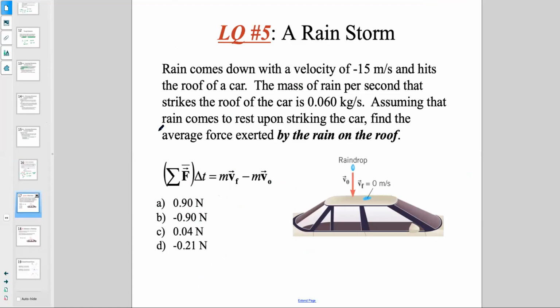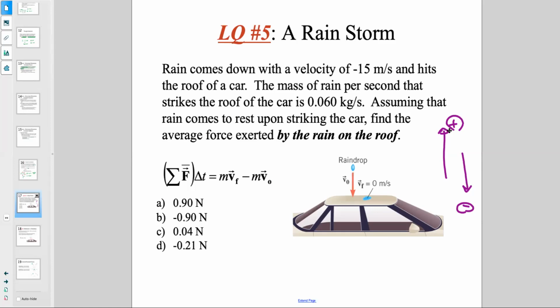So let's talk about rain. Rain comes down with a velocity of negative 15 meters per second. Negative means it's downward, so positive is up, negative is down, right? And it hits the roof of a car. The mass of rain per second that strikes the roof of a car is 0.060 kilograms per second.